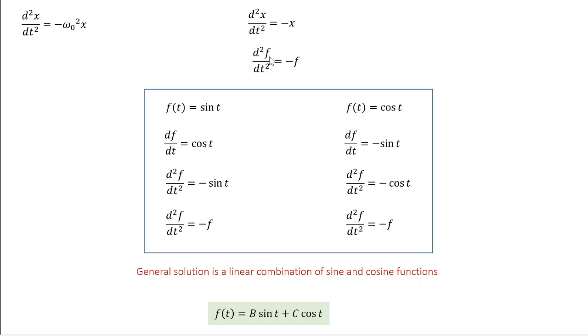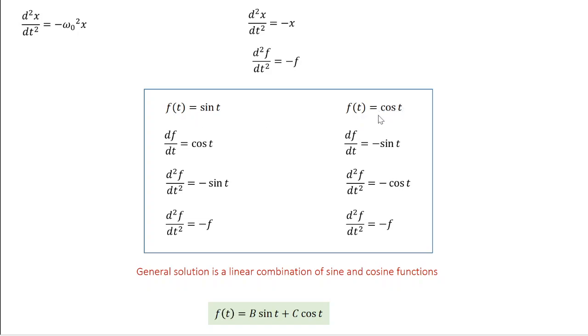Now, what could be that kind of a function? One option is f of t equal to sine t. Why? You take the first derivative df by dt, this is cos t. Take the second derivative d square f by dt square, this is minus sine t. So d square f by dt square is minus f. The second derivative of the function is the negative of function itself. So here one of the solutions would be sine t.